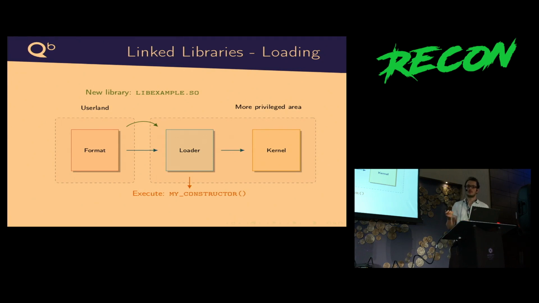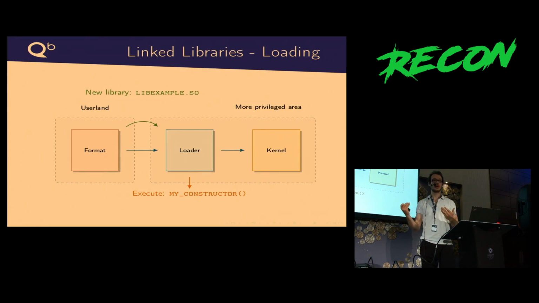And what we can do is just add a new dependency into the program, let's say libexample.so. And when the loader loads the program, it will load the new dependency, and it will call the constructor. This is the purpose of the loader, to load libraries within the process memory. So the loader will do the injection.